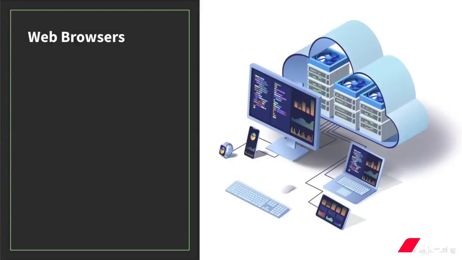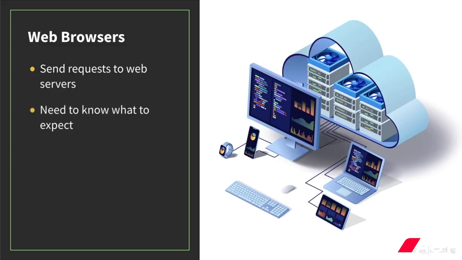Web browsers send requests for web pages to web servers that store web content. To do their jobs, web browsers and servers need to know what to expect from each other beforehand regarding anticipated behaviors and their meanings. HTTP is the protocol they use.